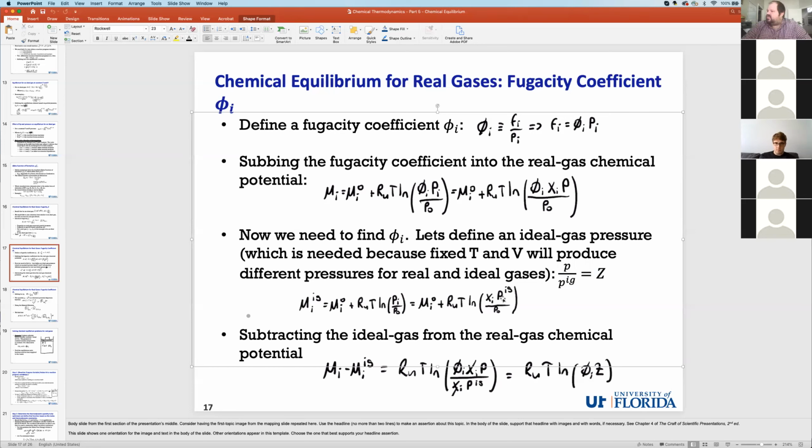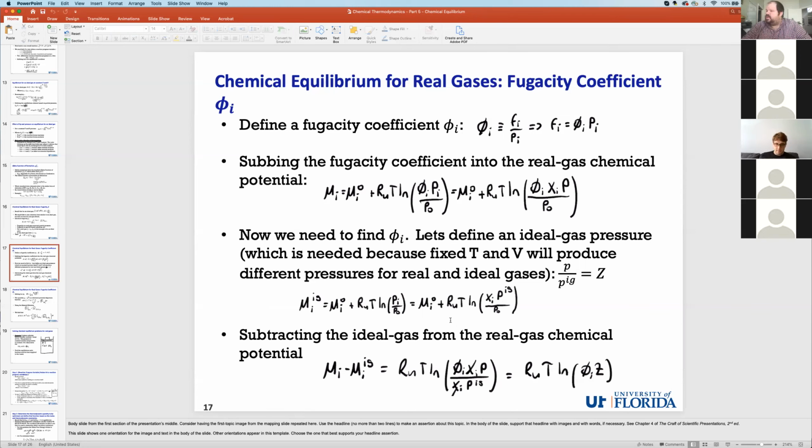So if I want to find phi, I can define a departure function by taking the real gas chemical potential and subtracting this ideal gas chemical potential.